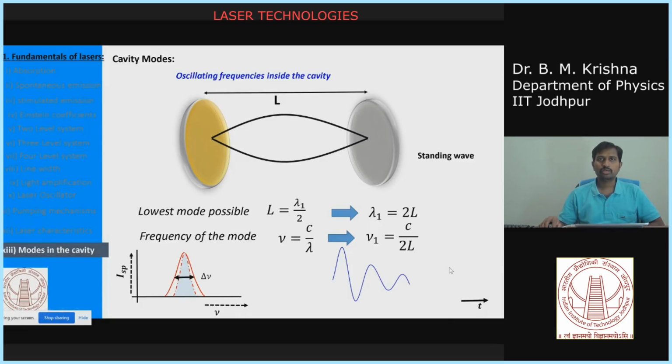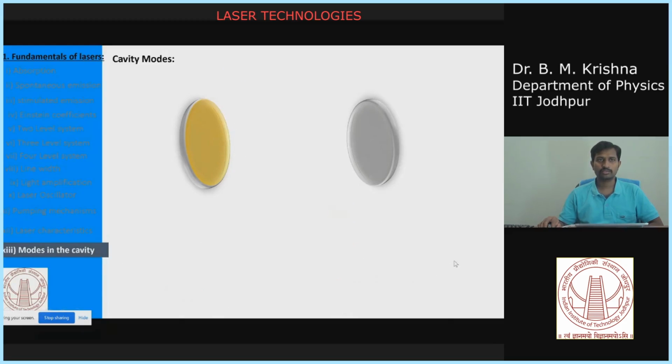You convert it into the frequency domain using Fourier transforms, and it will give you a frequency domain with a certain width. That is what adds to the width because of the cavity loss, so your total width becomes increased. This is your exponential decay function, as we discussed in our earlier sessions.